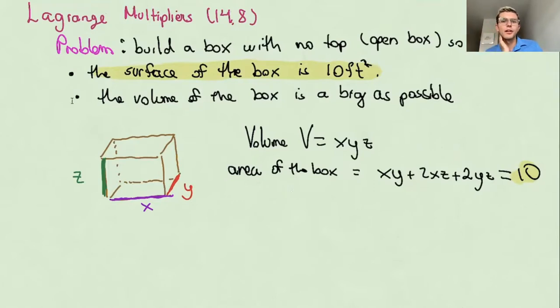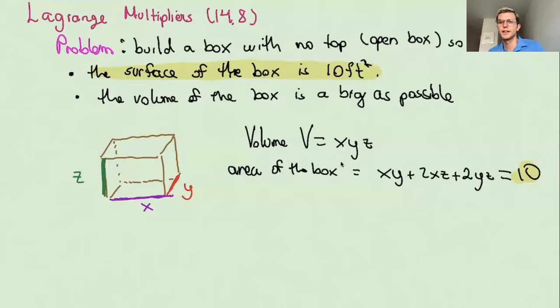I'm just saying we're doing an optimization problem where you're building a box, but the condition for building the box is that the surface area of the box is set to 10 feet squared. Okay. And so we just found the area of the box, and so that should be 10.